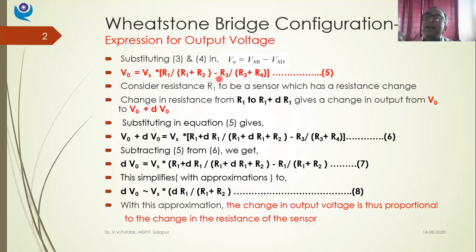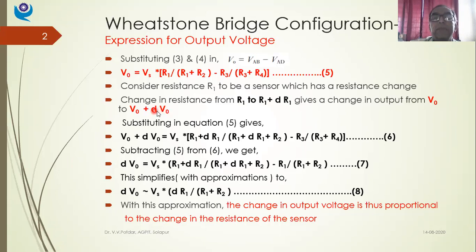What is dR1? dR1 is a small change. That small change could be because of strain change, length change, or maybe temperature change. So resistance R1 is changing. Consider R1 to be a sensor which has a resistance change dR. Change in resistance from R1 to R1 plus dR1 gives a change in output from V0 to V0 plus dV0.